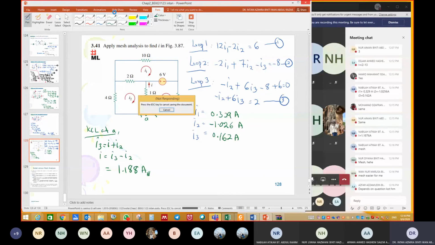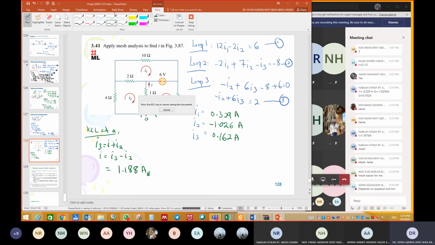You should know where the significant nodes are. The first step is to find the significant nodes. But in mesh, you can just write the KVL equation.